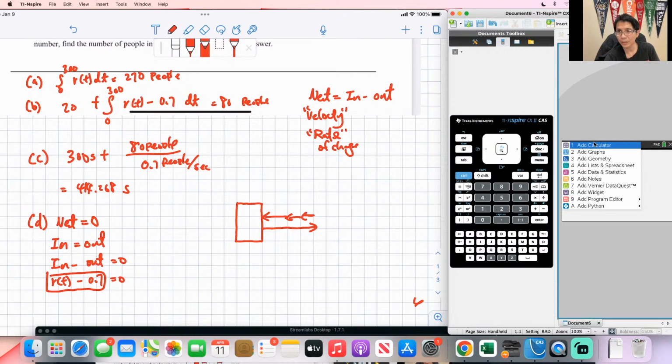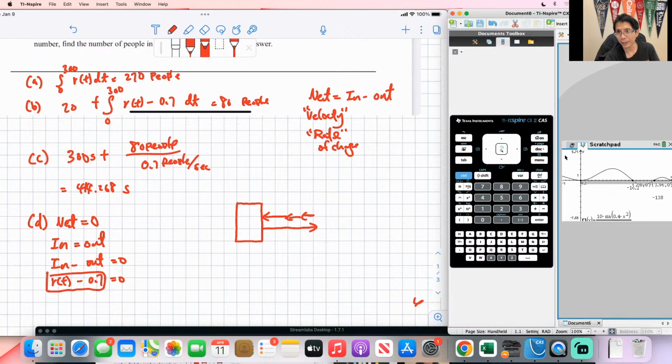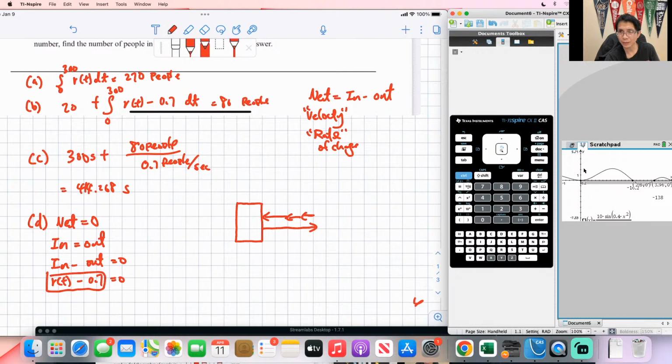No. Then I'm going to add a calculator, and add a graph. Okay, so this is the graph. But the problem is, you see that straight line? Why do you see a straight line?